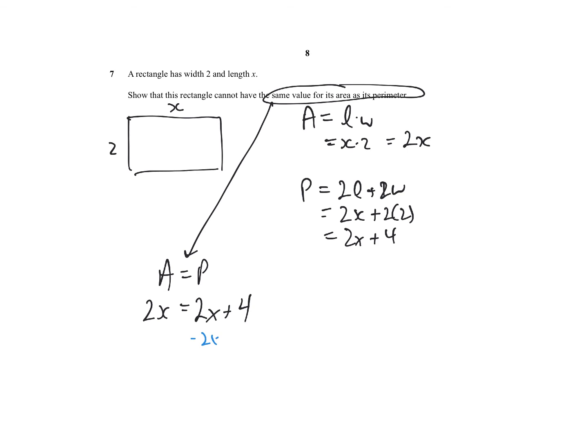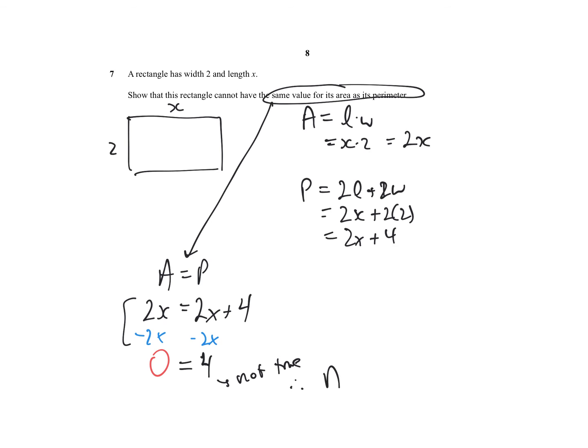Well, I'm going to subtract my 2x on both sides like I did before. But what happens is I get 4 on this side, and the 2x minus 2x over here, I get 0 on this side. And what do I have in front of me? I have a statement that's not true. 4 and 0 are not equal.